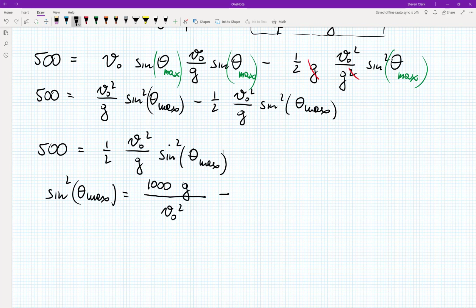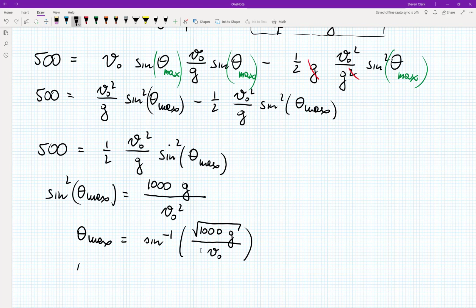And from here, we see that theta max will be arc sine of the square root of 1000 g over v0.